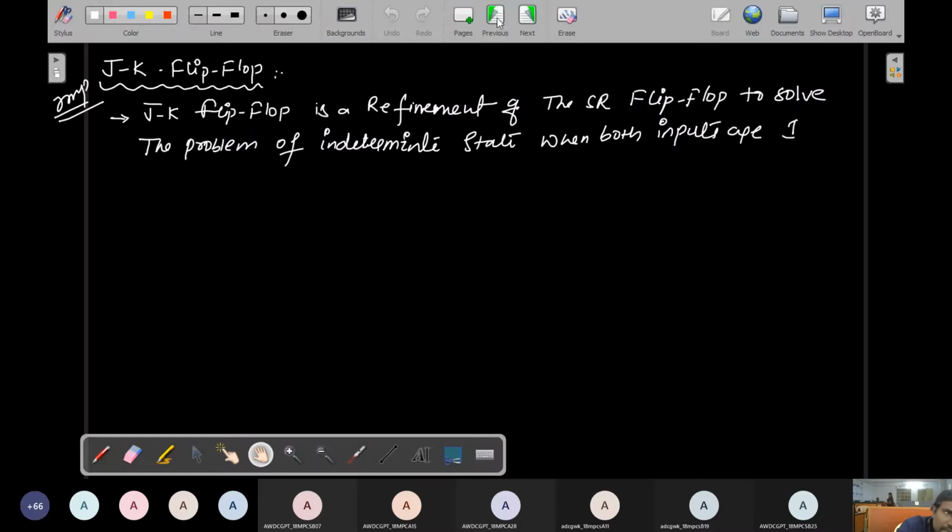So we want to eliminate that condition. We have to modify it and introduce a new flip flop, which is called the JK flip flop. The JK flip flop is a rearrangement or refinement of the SR flip flop to solve the problem of indeterminate state.